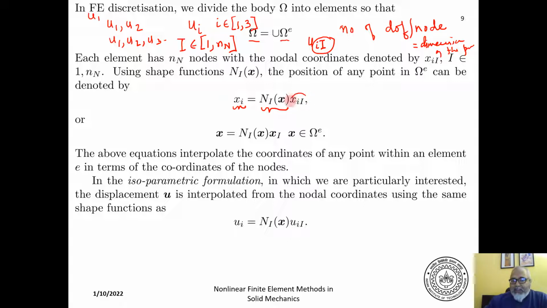So this is the value of xi at node capital I, and that multiplied by N^I gives you the ith coordinate of an arbitrary point in the body. Obviously, the summation convention with capital I is valid here and goes from 1 to the number of nodes in the element E.